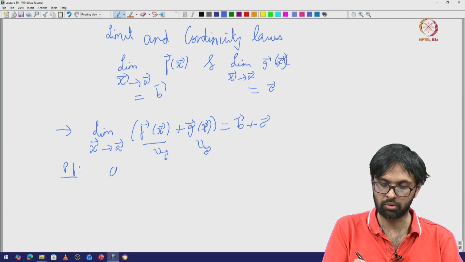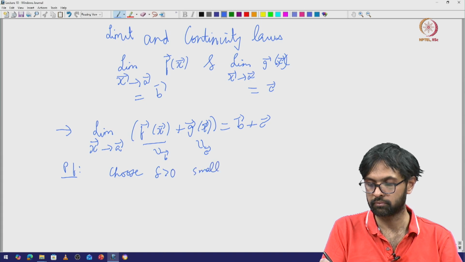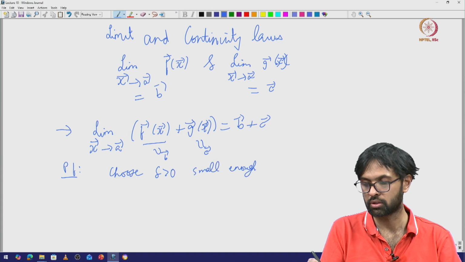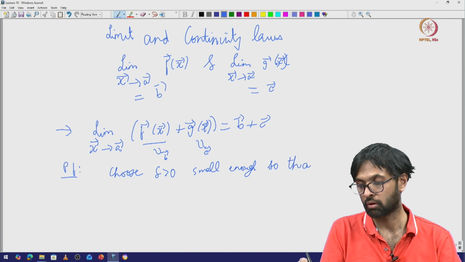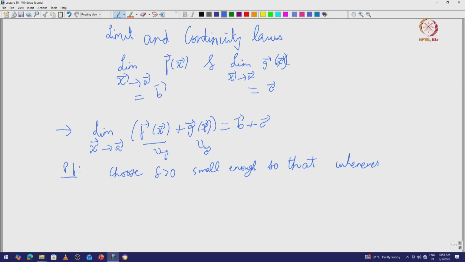So choose delta small enough so that whenever x is delta close to a, f of x is very close to b. How close? Epsilon by 2 close. And likewise g of x is epsilon by 2 close to c.